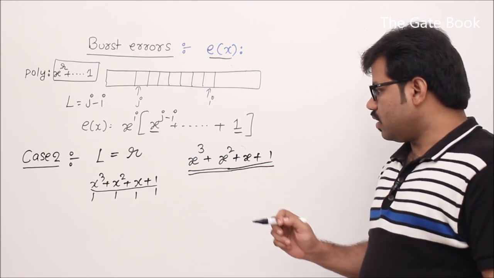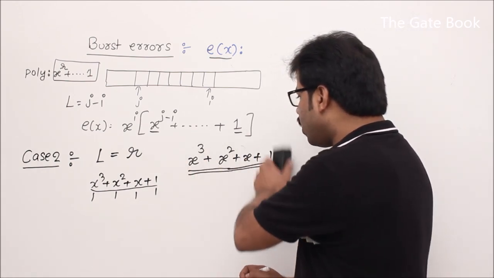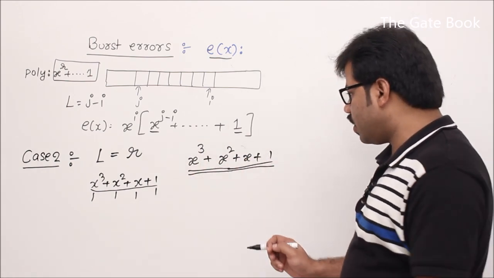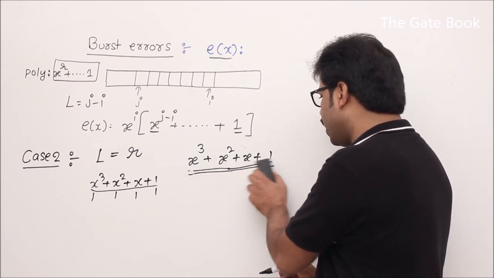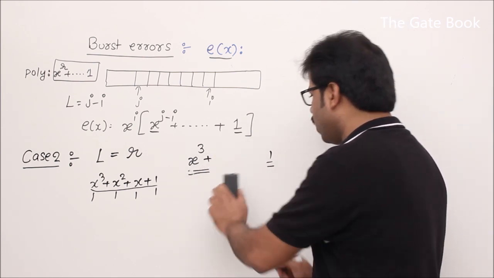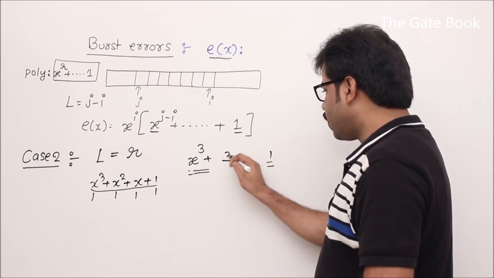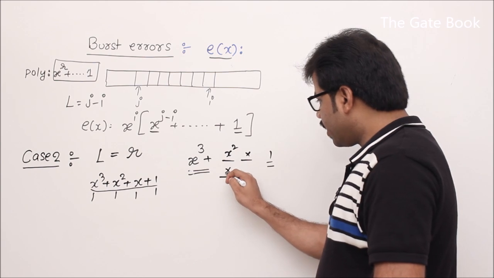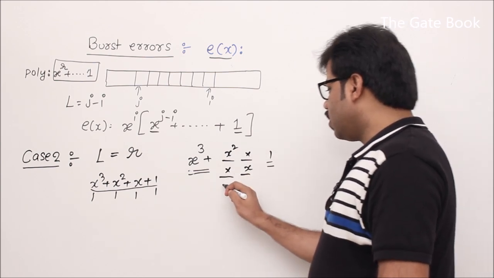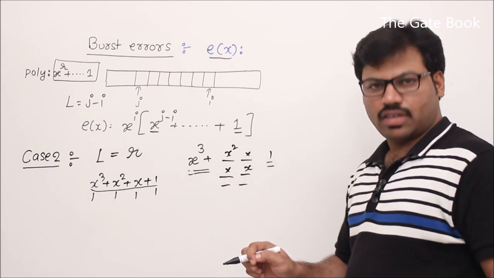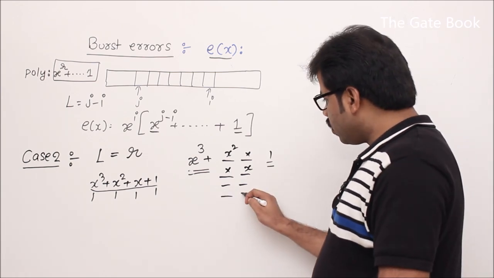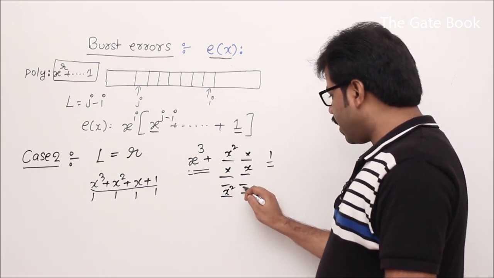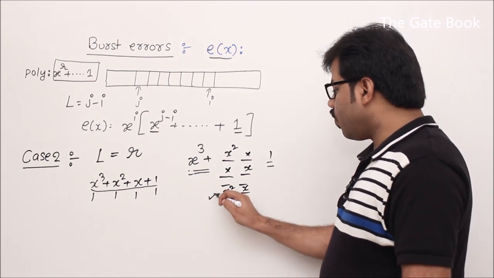So now the question is, how many different error polynomials might you have generally? x cube is fixed, 1 is fixed. Let's write them. One is x square but not x. Second one, not x square but x. Third one, neither, right? Fourth one, both x square and x. Out of them, only one is divisible by it.